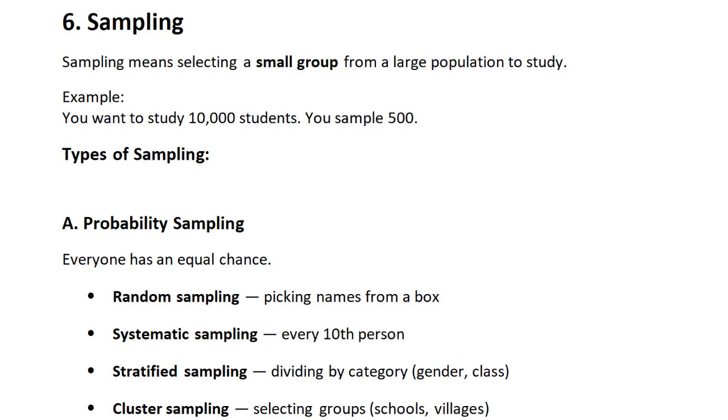Random sampling, in which names are picked from a box randomly. We have systematic sampling, which means, as an example, every 10th person will be selected. Stratified sampling, that is dividing by categories, gender, class, etc. And we have cluster sampling, in which we select groups based on schools or villages, etc.